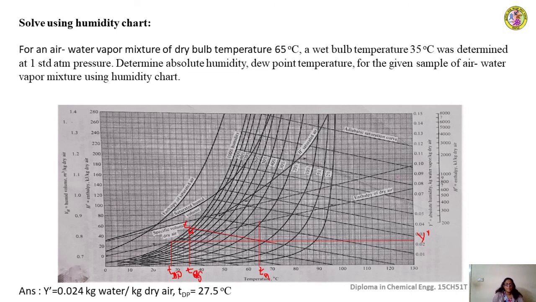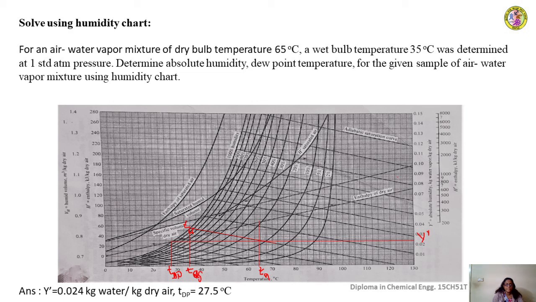Whatever value you've estimated, write it down. That is the answer written at the bottom of the slide. So y dash is the solution for the given problem. It is equal to 0.024 kg water per kg dry air.